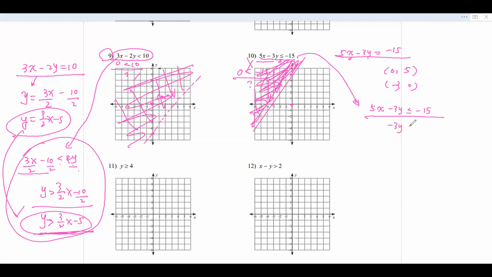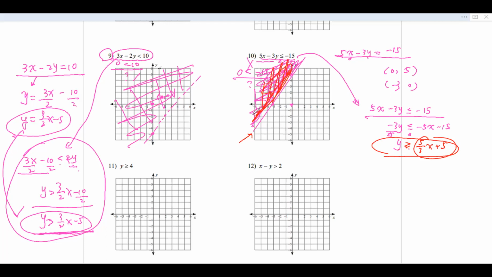So -3y less than or equal to -5x minus 15. Right? Both sides divide by -3. Since -3 is a negative number, this alligator mouth needs changing, right? It became greater or equal, 5 over 3 x, here became plus 5. So this is the line. Greater or equal means above will also make sense.